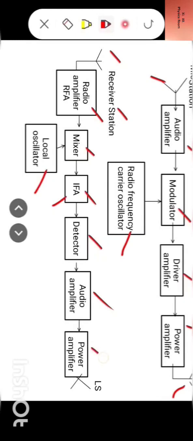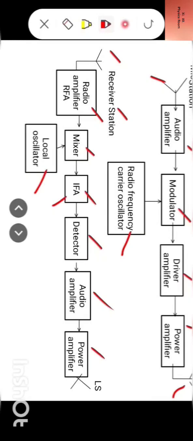Then these are given to power amplifier to drive loudspeaker. Loudspeaker converts electrical energy amplified by power amplifier into audio energy, which we can listen. Okay, so this is how any communication system works.